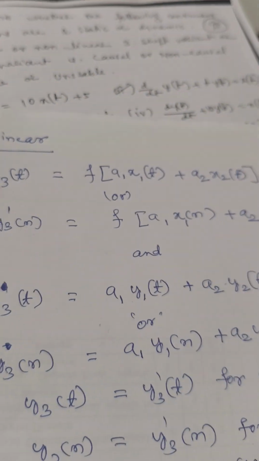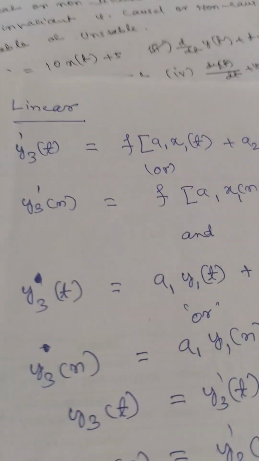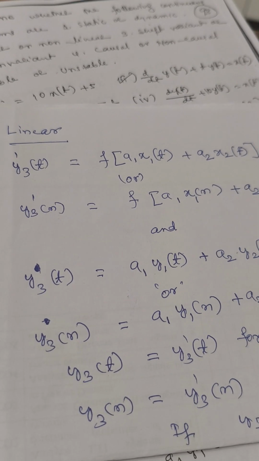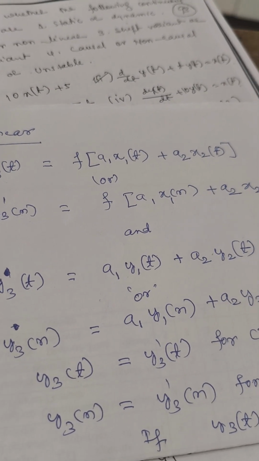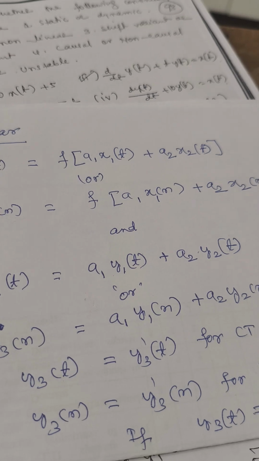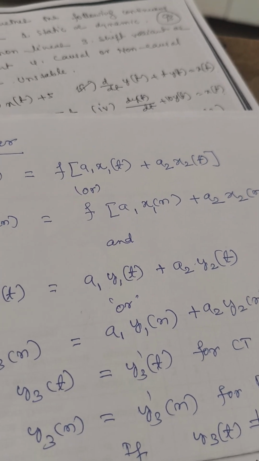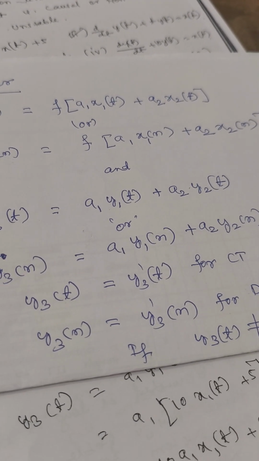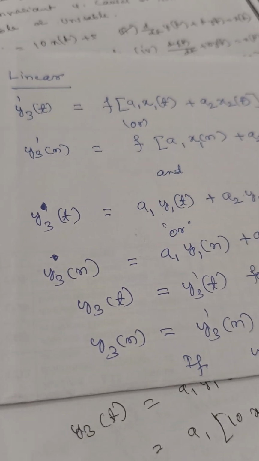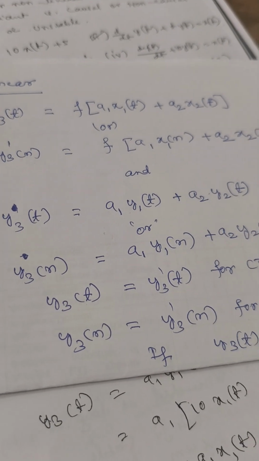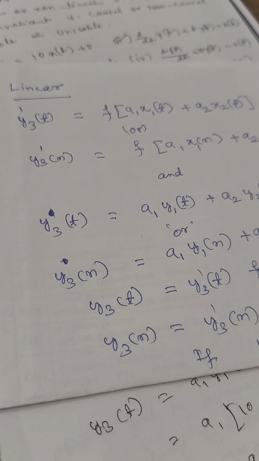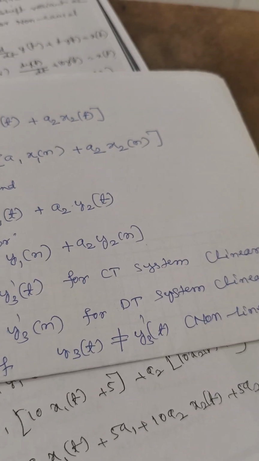If the system is linear, then for a continuous time system, y3 dash of t equal to the function of a1 x1 of t plus a2 x2 of t, and y3 of t will be a1 y1 of t plus a2 y2 of t. This is for continuous. For discrete, y3 dash of n equals the function of a1 x1 of n plus a2 x2 of n.